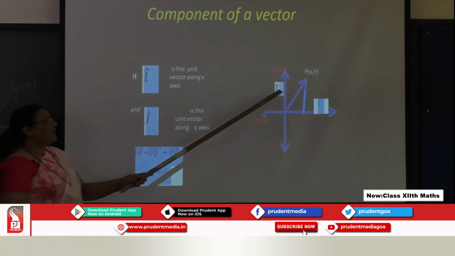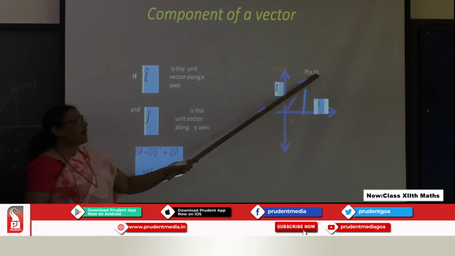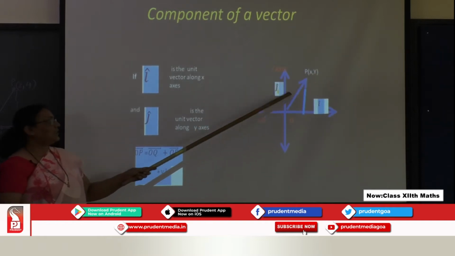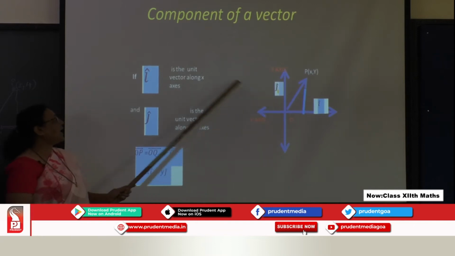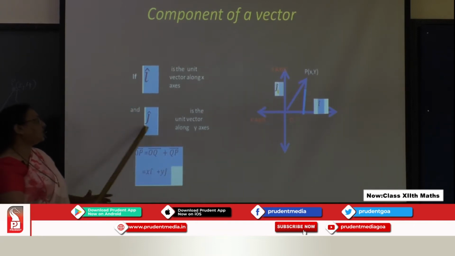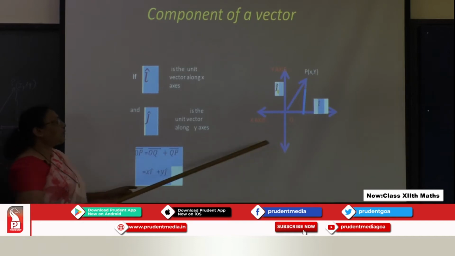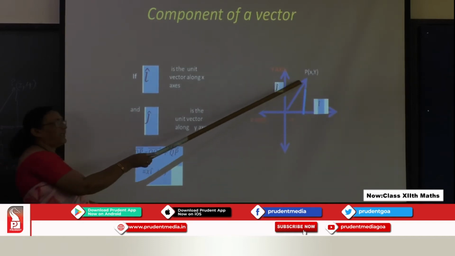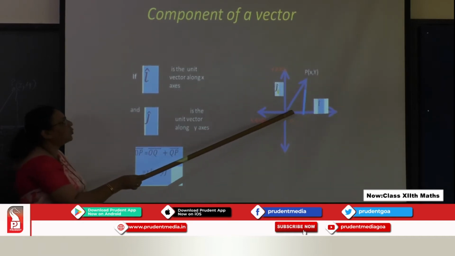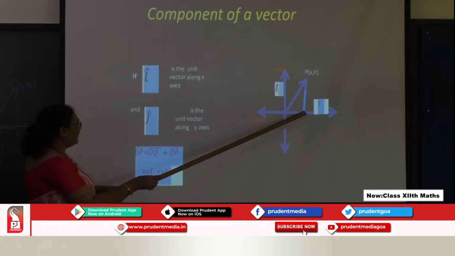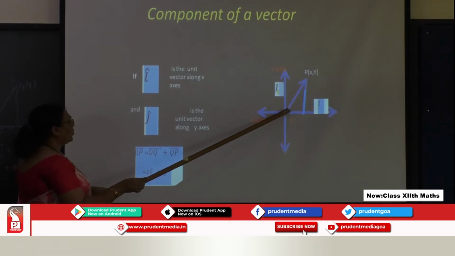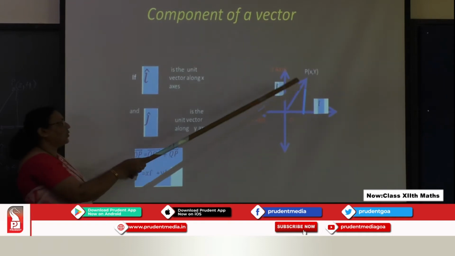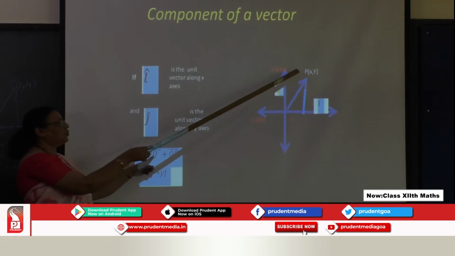Then point P (x, y) in space, here in 2 dimensions, and O is the origin. I is the unit vector, j is the unit vector. Then from O to P, O to P is same as O to Q and Q to P. This one is Q here. O to P is same as O to Q plus Q to P.